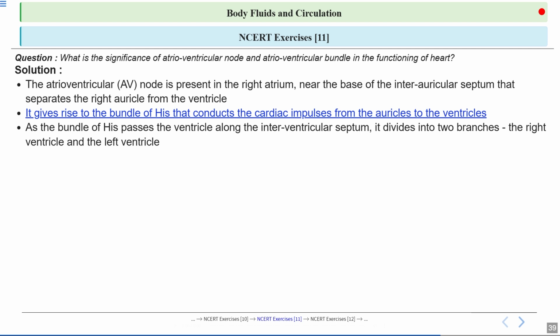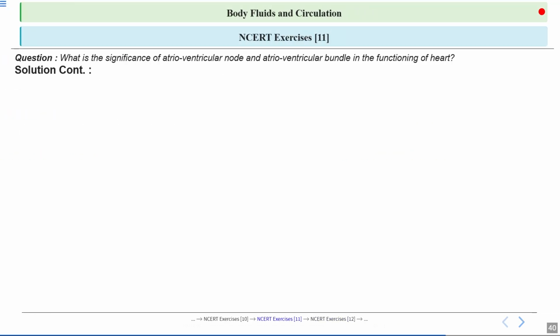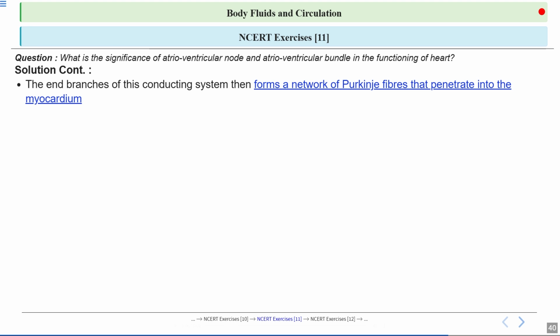Now, this division allows both the right and the left ventricles to receive the signal almost at the same time, ensuring that both sides of the heart contract together for efficient blood pumping. Okay, let's continue with the answer. Let's focus on the Purkinje fibers now. So these are the end branches of the heart's conducting system, forming a network that penetrates deep into the myocardium.